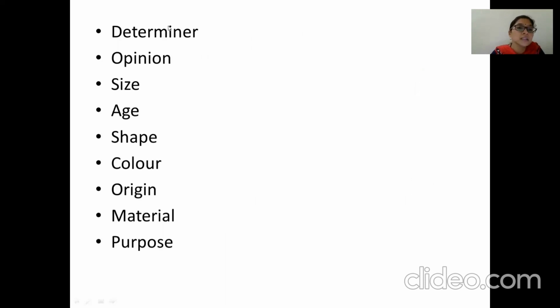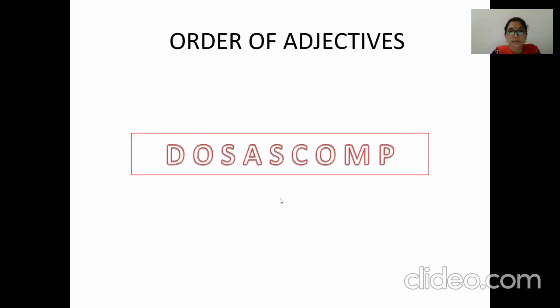Yes, here is the order. First is determiner, then opinion, then size, age, shape, color, origin, material, and purpose. So how are we going to learn all this order?